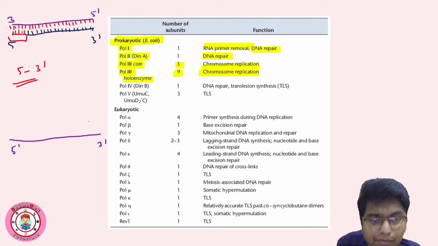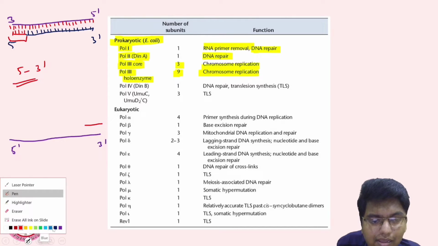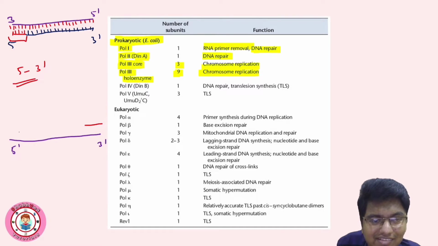Then the primer will be on this side, and the rest is DNA, with the bonds in between. This primer has to be removed. This is 3 prime to 5 prime, and the primer is 5 prime to 3 prime.